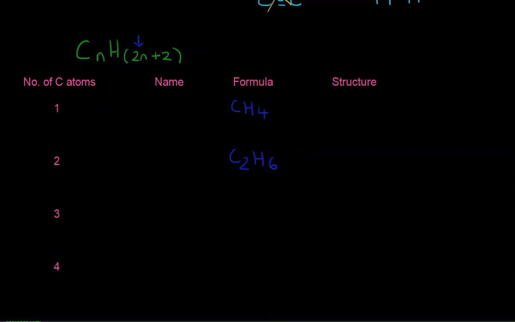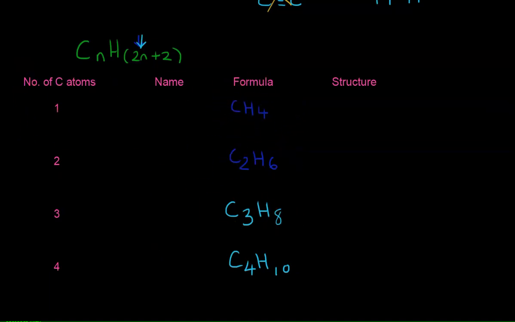Then 3: C3, H, 3 times 2 is 6, plus 2, 8. Then 4: C4, 4 times 2 is 8, plus 2 is 10. That's how we know the formula for the first 4 alkanes in the alkane family.